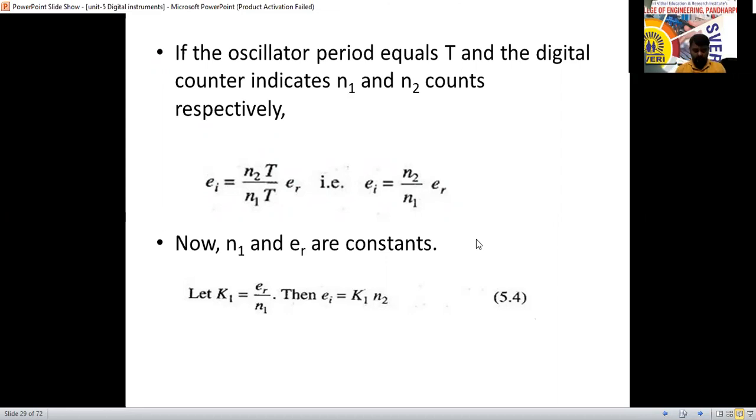Tomorrow the approximate proportional type, multimeter, Q meters and the electronic counter we are going to discuss, from 10 to 12. I have arranged one guest for you people to complete this signals topic, who is an expert in this syllabus. So tomorrow don't miss the class. I will conduct it if he is ready.